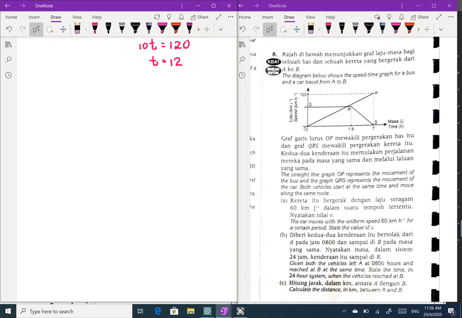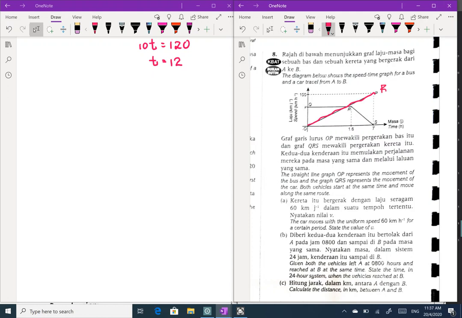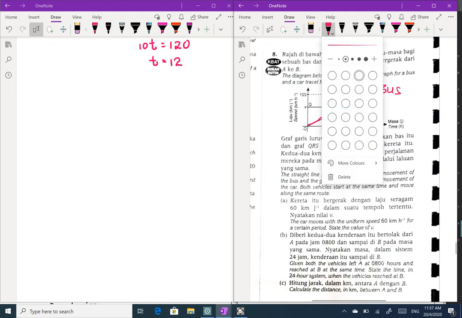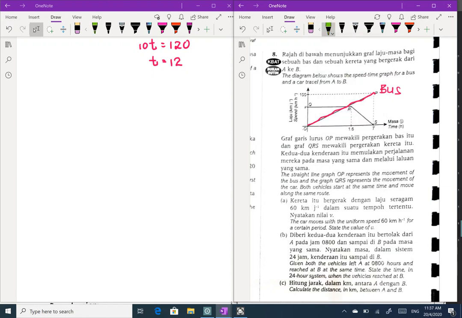Okay, question 8. The diagram below shows the speed-time graph for a bus and a car traveling from A to B. The straight line OP represents the movement of a bus, and the straight line QRS represents the car.